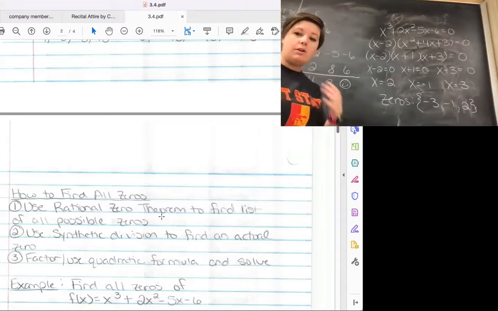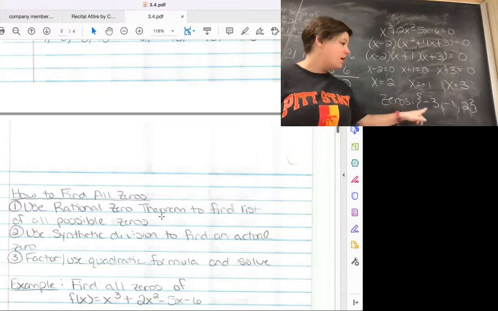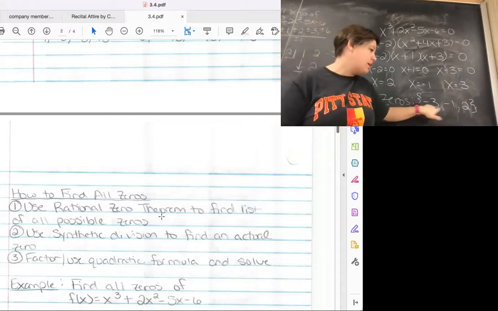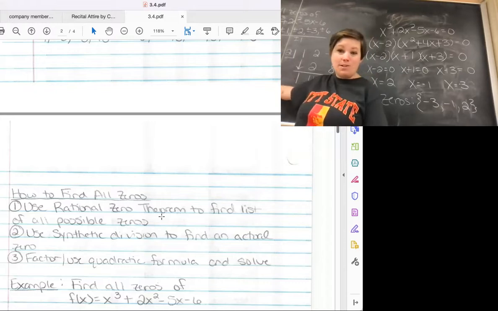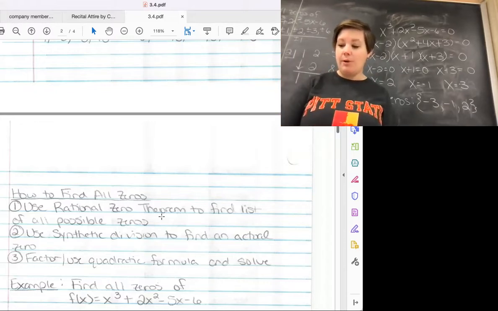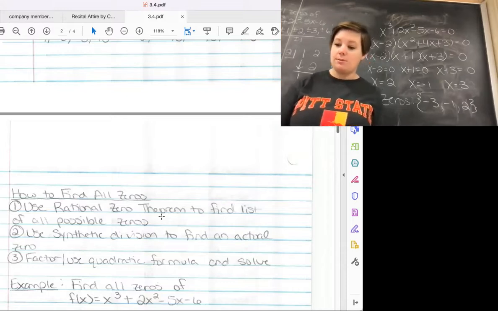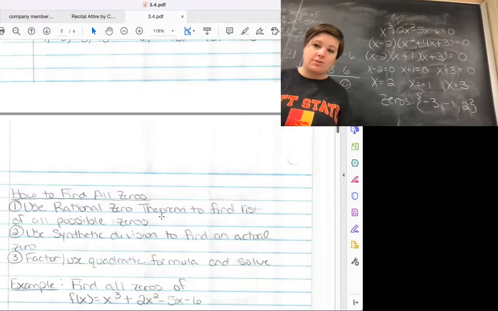But notice all of our answers were rational. We got nice numbers, whole numbers. And notice all of our answers, negative 3, negative 1, and 2, were all listed in our possible zeros over here. And that's how it will work if all of your answers are rational answers. Now, not every time are you going to get rational answers.